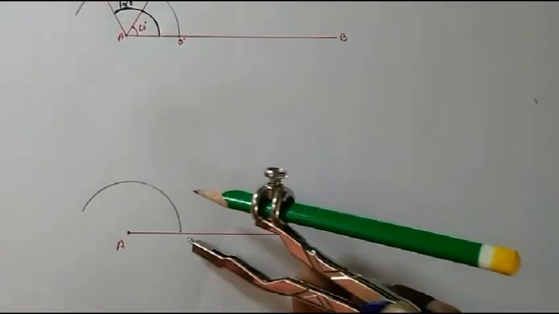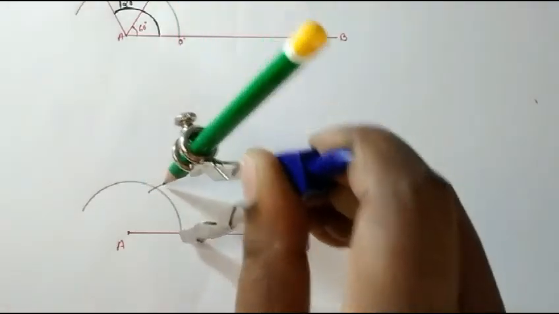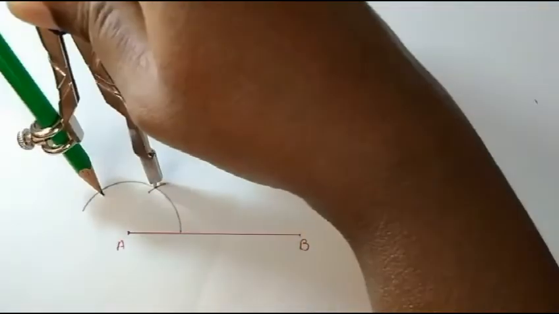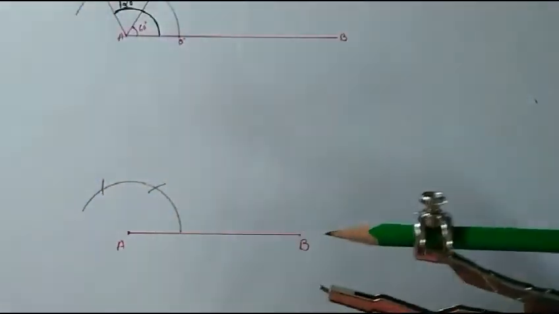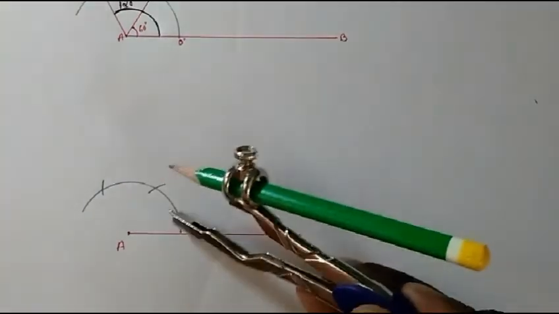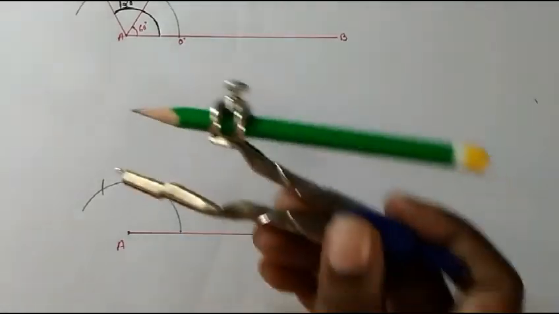With the same measurement, keep on the starting of this semicircle. One cut, this is 60. Another cut, this is 120. Right? Now, when you bisect both these, you will get the 90 degree.